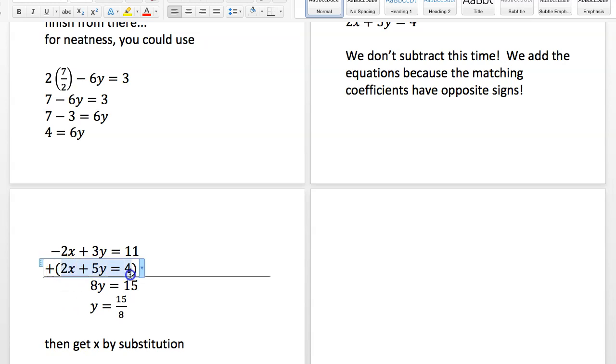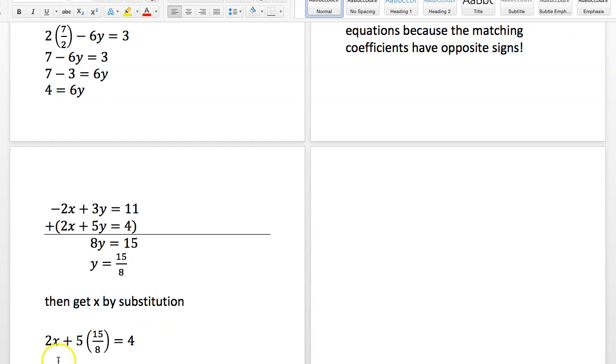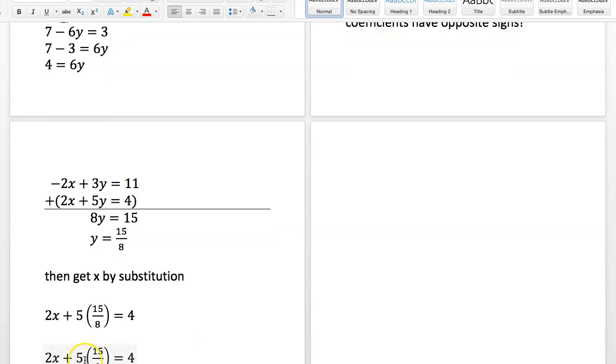So I'm going to just use this guy. You could use the other guy just the same, but I'm going to use this one. So 2x plus 5y equals 4, but we know who y is. Y is 15/8. Now by algebra, Control C, Control V. Now, remember, 5 is really 5 over 1, and I'm going to just cut to the chase, multiply the numerator only, because 5 is 5 over 1.